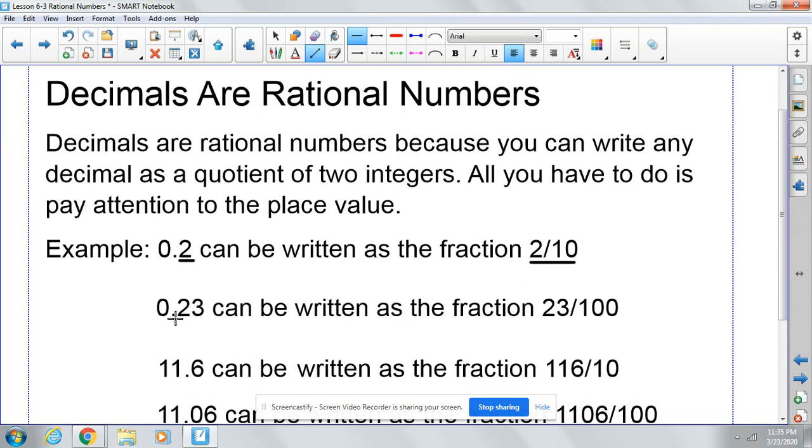If we have 0.23, we're going to look at that last digit in your decimal, the 3. What place value is the 3 in? And you should know that the 3 is in the hundredths place. So your denominator is going to be hundredths.